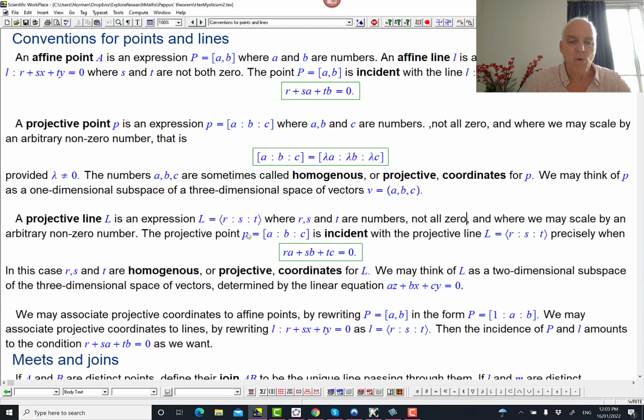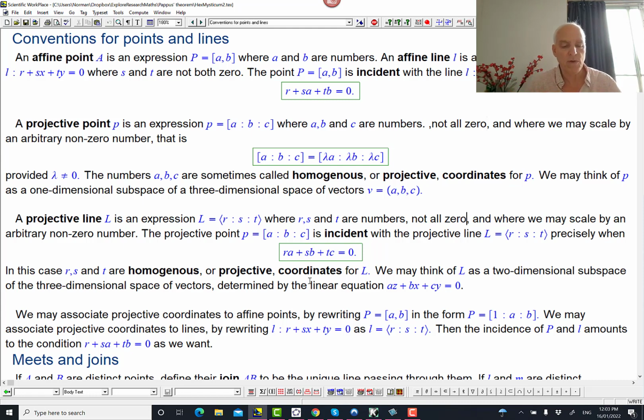So the projective point P that we've talked about earlier, which is A to B to C, is incident with this projective line L, which is R to S to T, precisely when R times A plus S times B plus T times C equals 0. In this case, R, S, and T are homogeneous or projective coordinates for L. And we can think of L as being a two-dimensional subspace in this three-dimensional space of vectors.